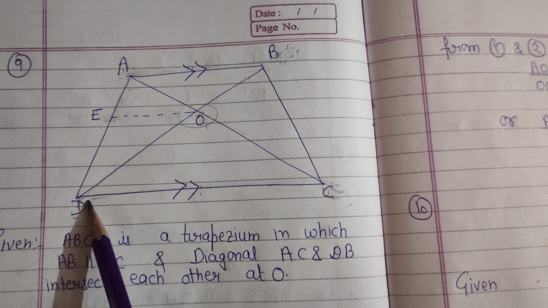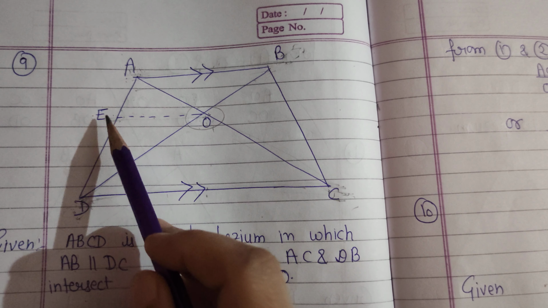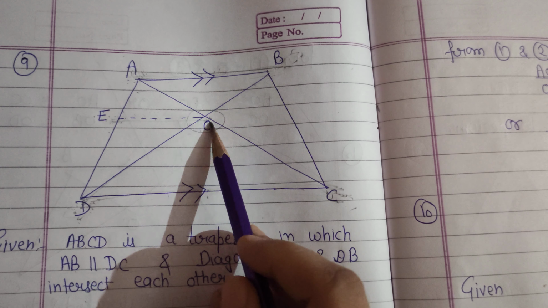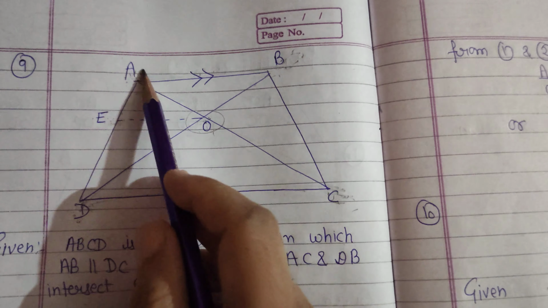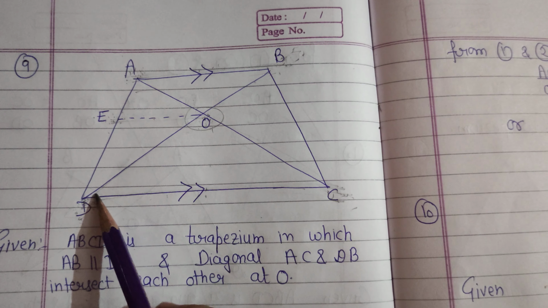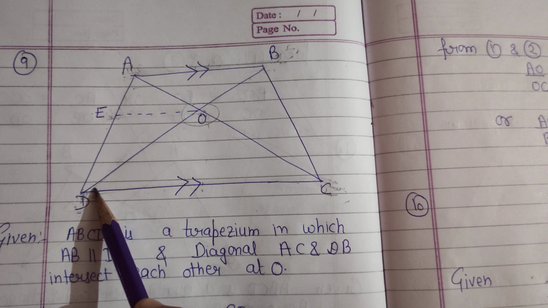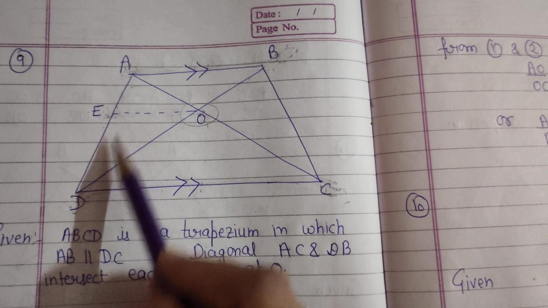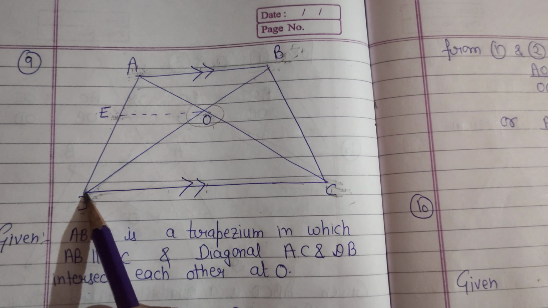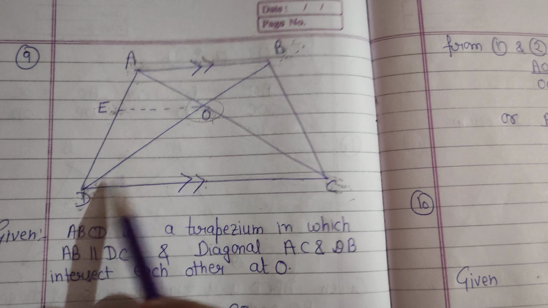I could also write DE by EA is equal to DO by OB, but I require AE by ED, so I am writing AE by ED is equal to BO by OD.